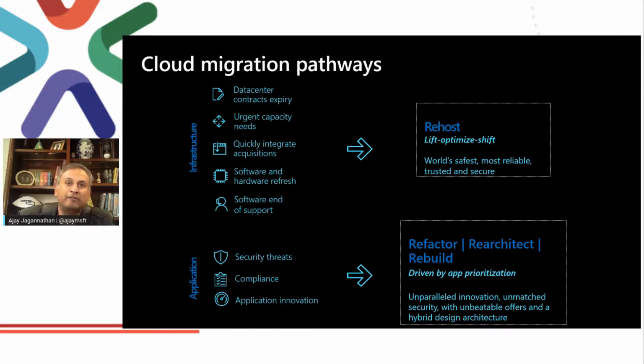So they're really looking for an option where they just want to move their entire estate to the cloud and not have to worry about any of the infrastructure management. So in this case, rehost is the right option for them, where you just have to lift and shift your workloads, optimize it in the cloud once you're there, and leverage all the cost savings that we talked about, like AHub and RI.